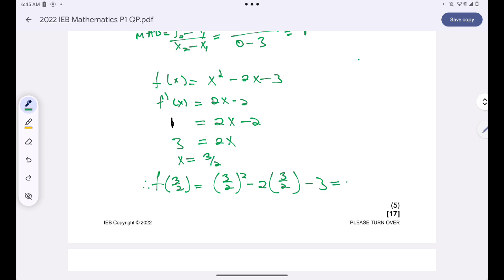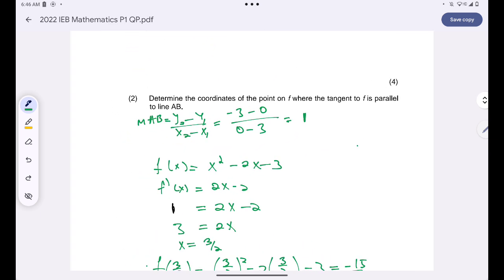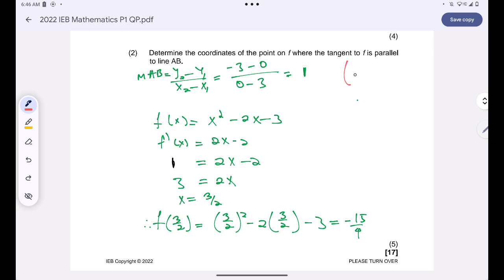The corresponding y value is negative 15 over 4. So the point on f of which the tangent is parallel to the line AB has the coordinates of 3 over 2 and negative 15 over 4.